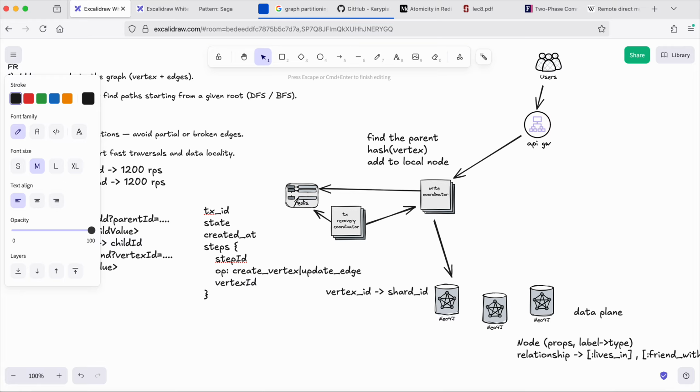Some shard reference, shard ref. I'm going to add it for avoiding any recalculation of that. Also payload.